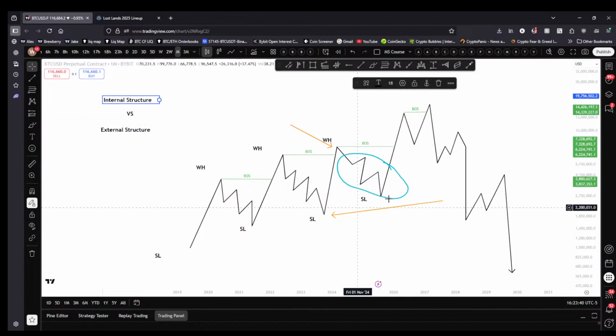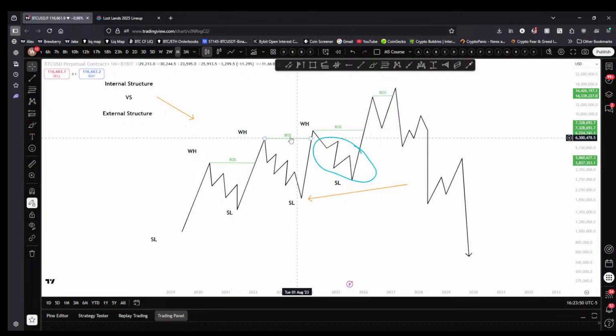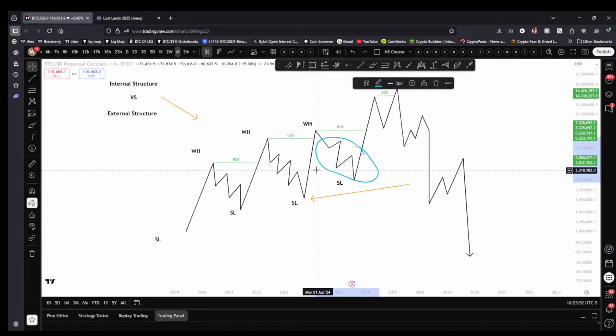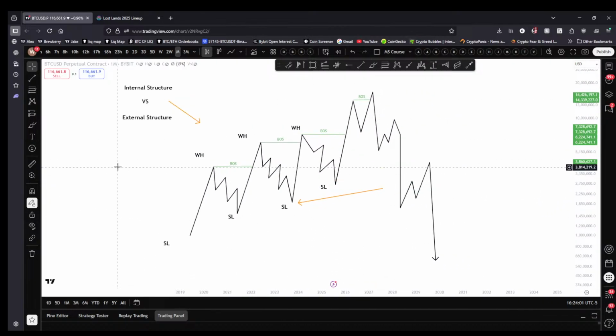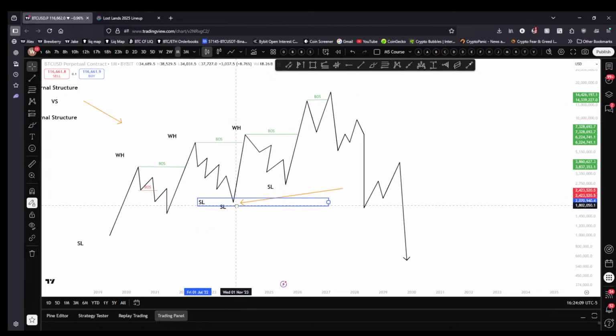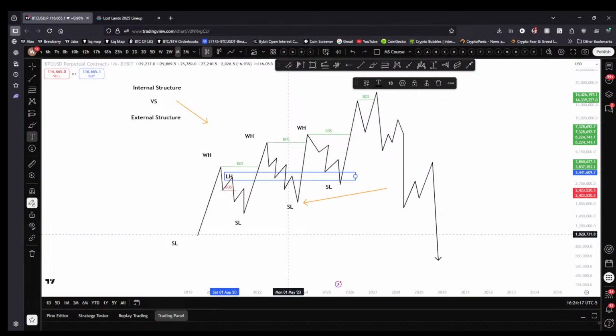Now, where would external structure be, right? External structure is the break of structures that we have marked out. That's all external structure. So, let's identify where a bearish break of internal structure would be. Well, the first one on this market cycle outline is right here. Right? This is a bearish break of internal structure because it's the first time that you have a lower high.